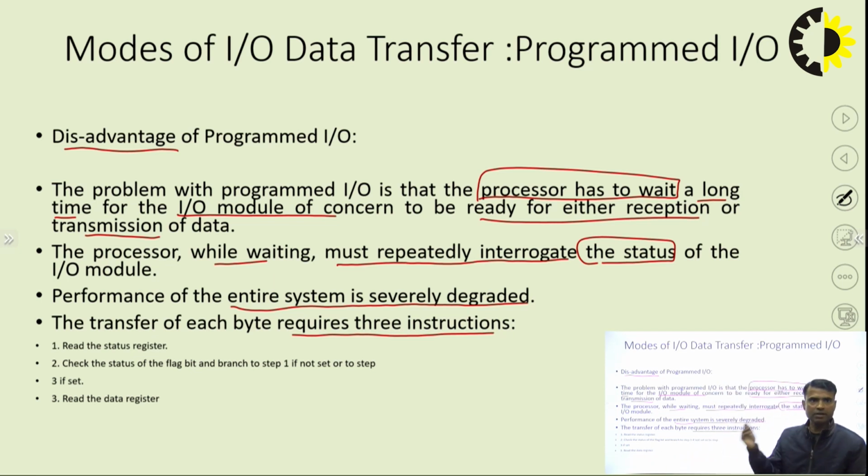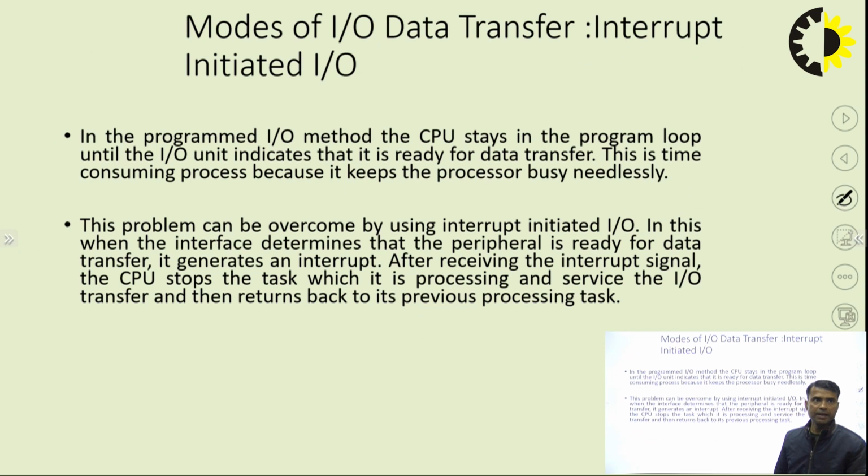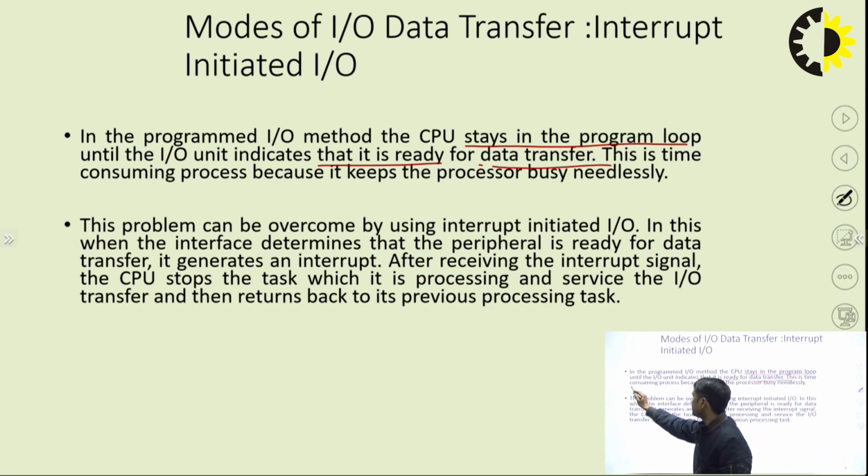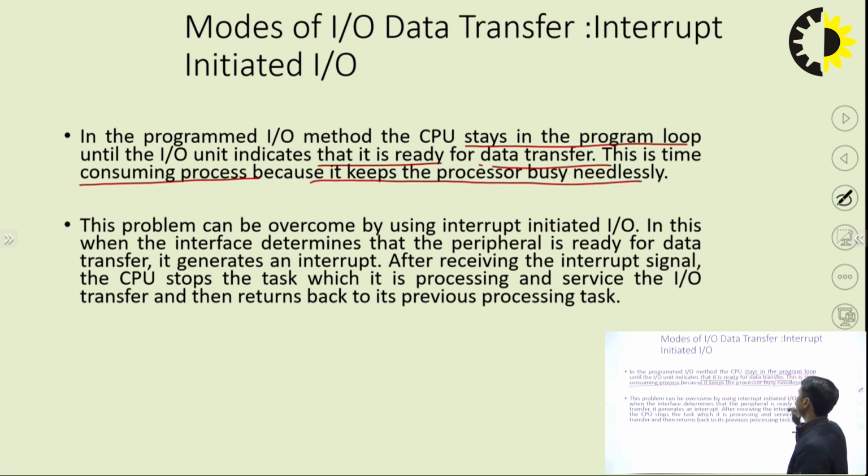So, that will be a loop which goes on endlessly till the data is available. Now, in programmed I/O method, the CPU stays in the program loop, that is very important, until the I/O indicates that it is ready for data transfer. This is a time consuming process because it keeps the processor busy needlessly.